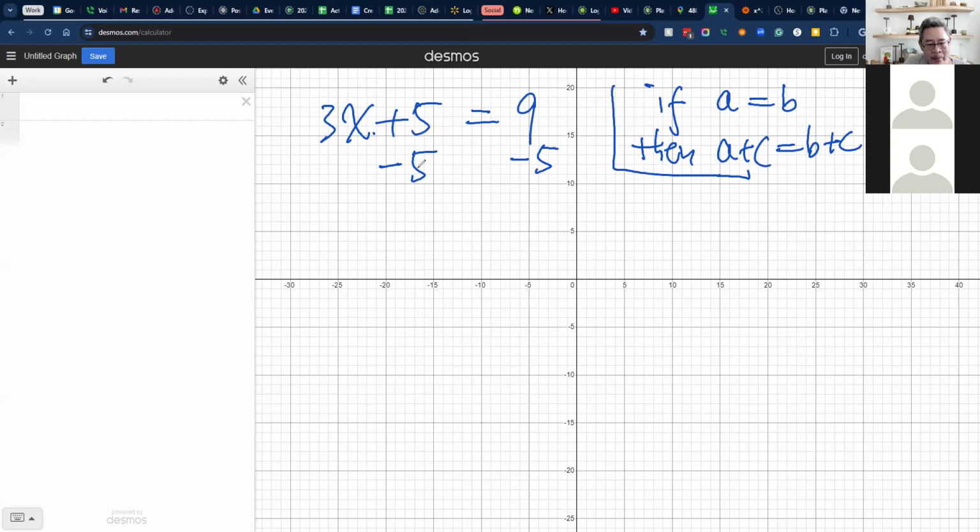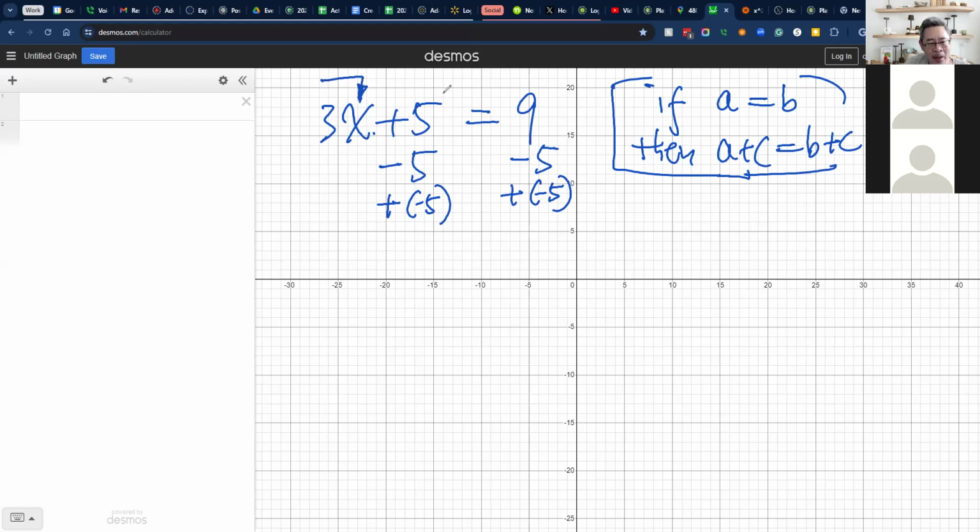Well, remember, minus 5 is the same as add negative 5. And when we learn algebra, we're dealing with both positive and negative numbers. So that's why it came from this rule. We know that we can do any number. It's not just 5. It could be 100, it could be 10,000.